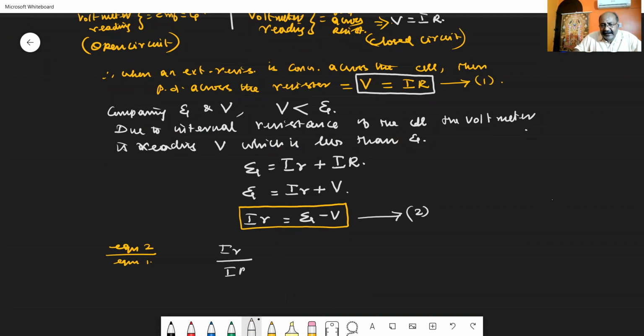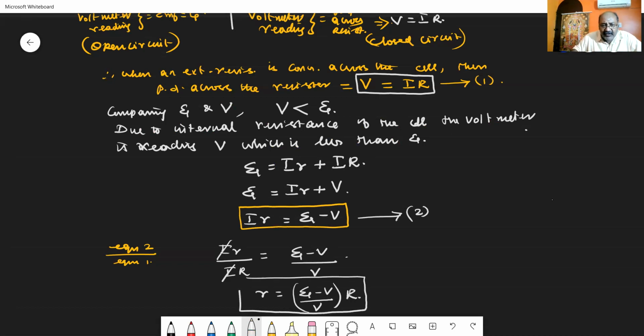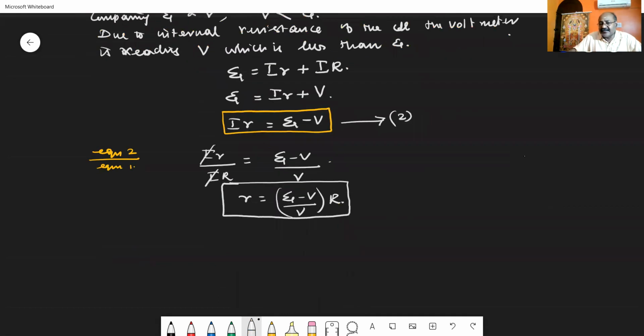We are getting I into small r by I into capital R is equal to E minus V divided by V. This I and this I will get cancelled. So small r equals, by cross multiplication, E minus V by V multiplied with capital R. So using this relation, we can calculate the internal resistance of a cell.